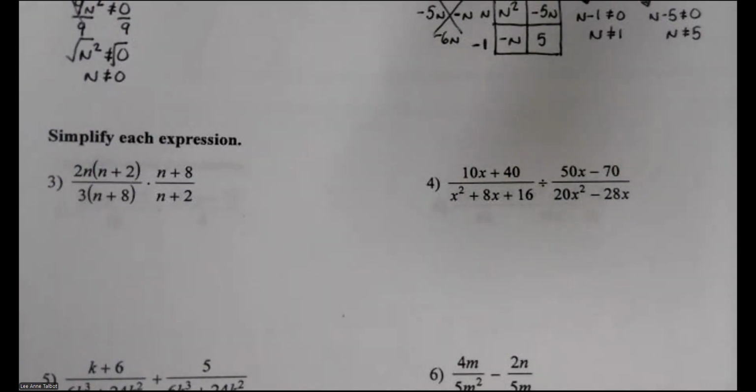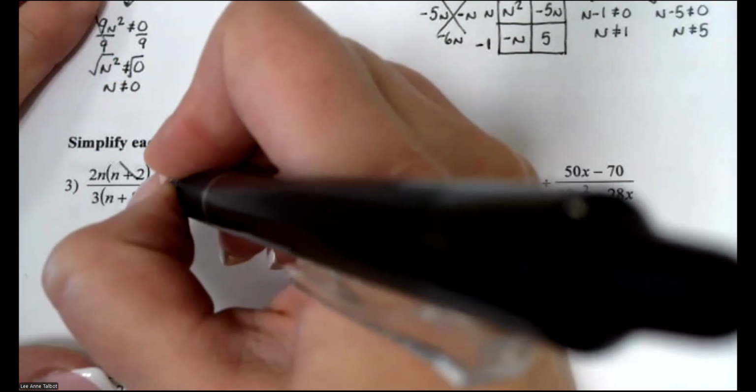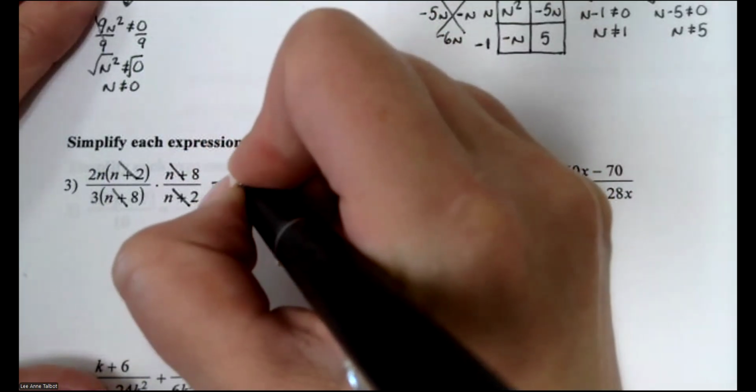All right. Number 3. This one's already factored. Yay. So N plus 2 cancels with N plus 2. N plus 8 cancels with N plus 8. So satisfying. I love it.